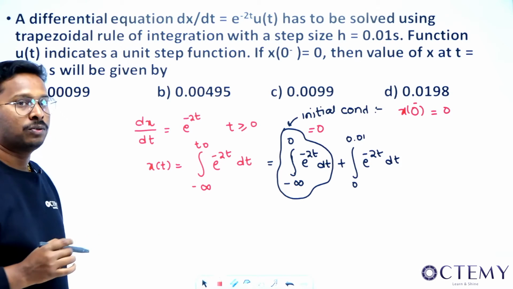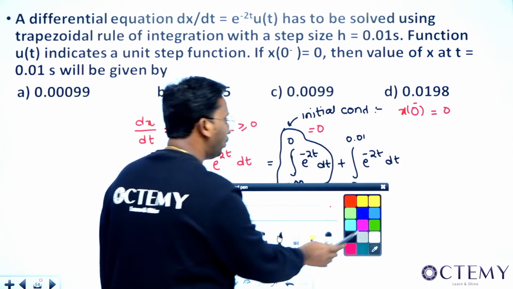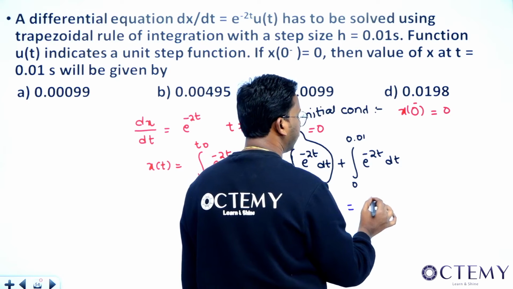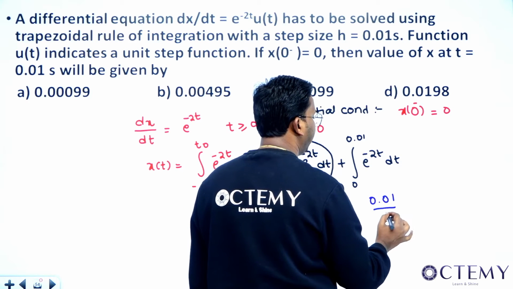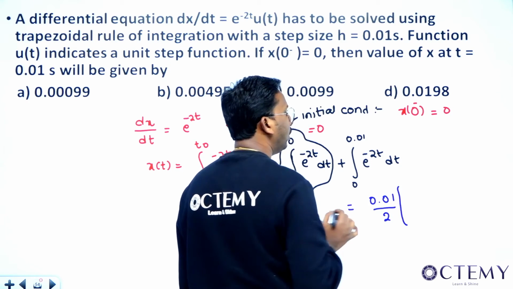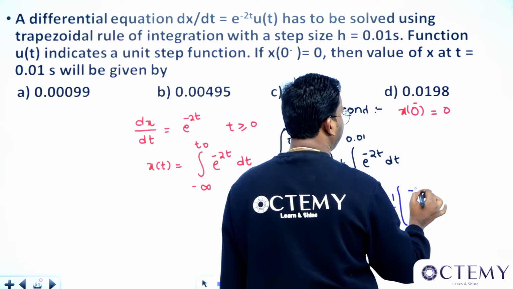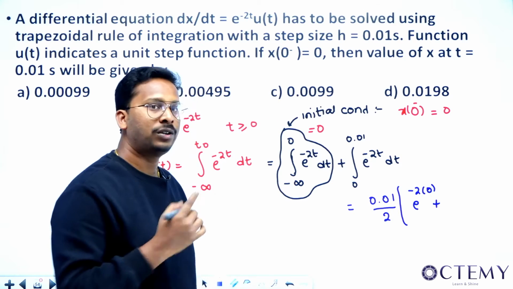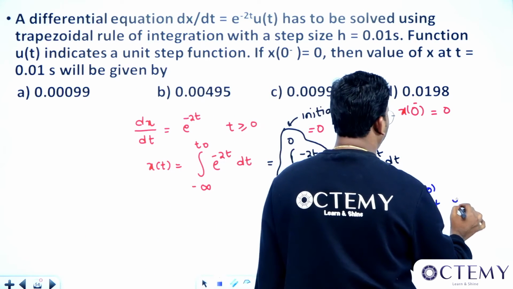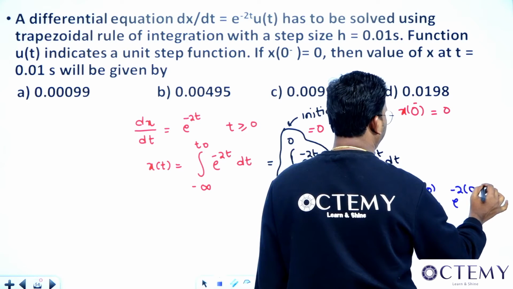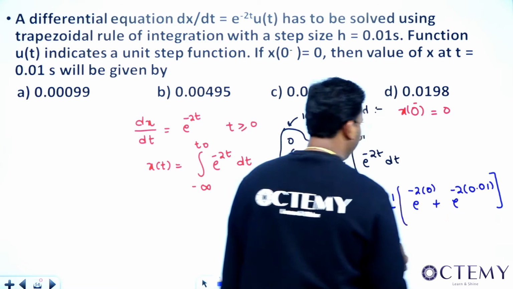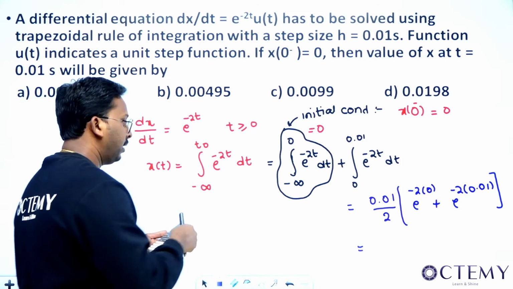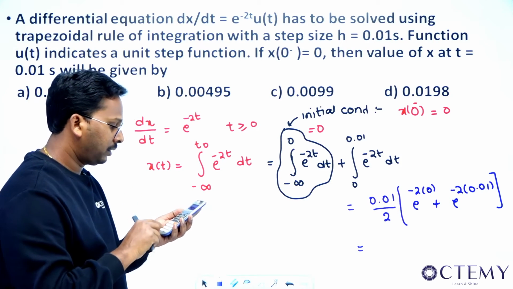Now we have to take a step size and find it using the trapezoidal rule. So if you apply the trapezoidal rule to this, see what you are going to get. 0.01 divided by 2 into, 0 is e power minus 2 times 0, plus, because first and last only two terms are there, e power minus 2 times 0.01. So if we solve this, just see, sir, what you are going to get.